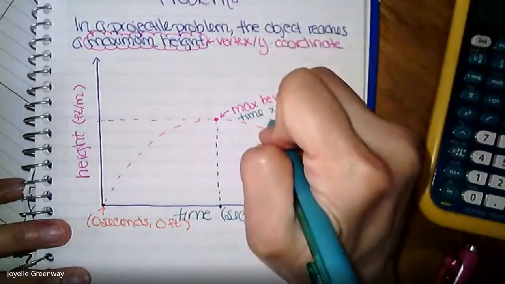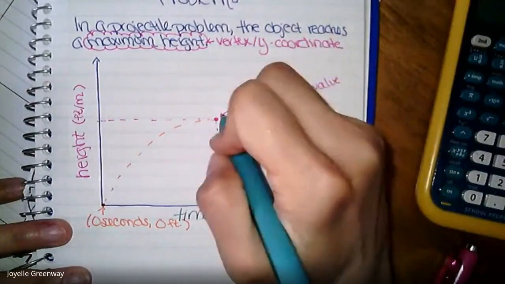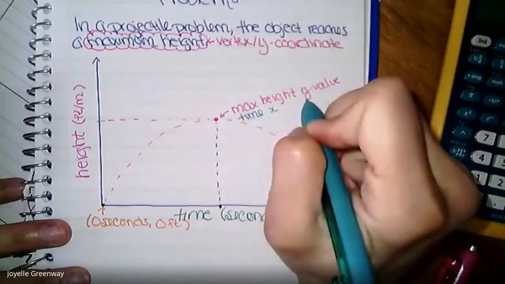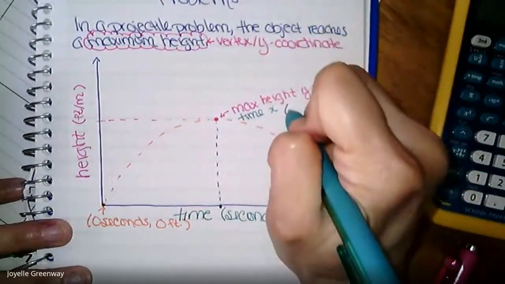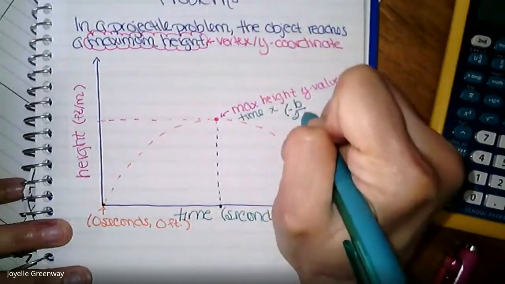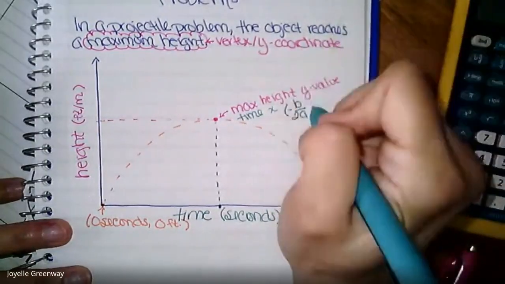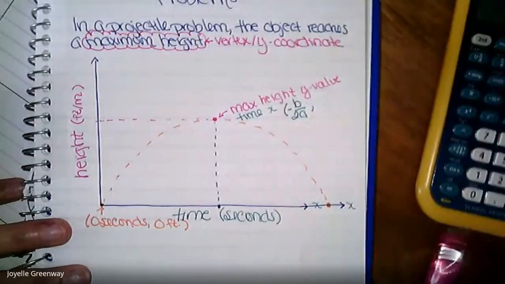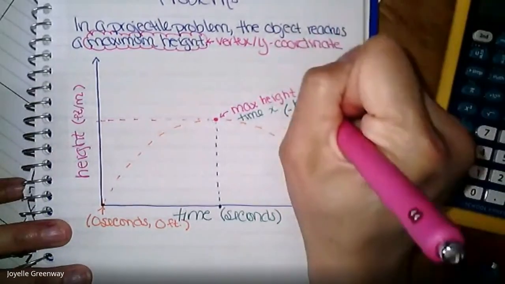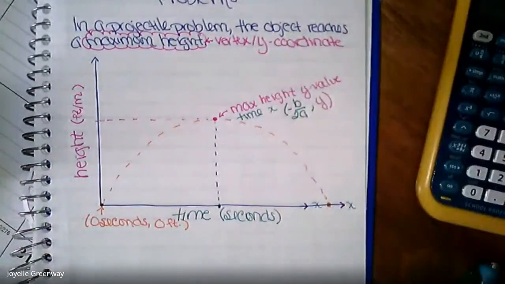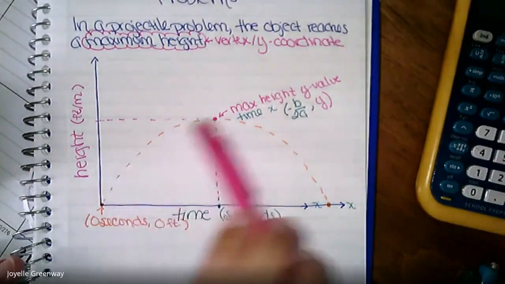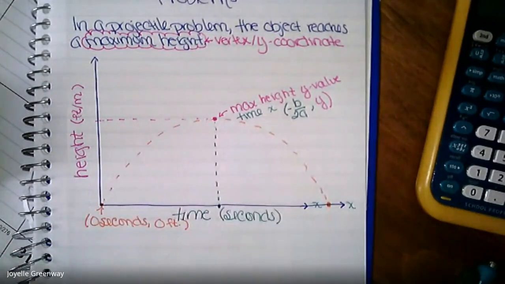Remember, to find the time it takes to reach your maximum height, it's negative b over 2a for your x coordinate. Then you substitute that value into your quadratic function to find the y coordinate.